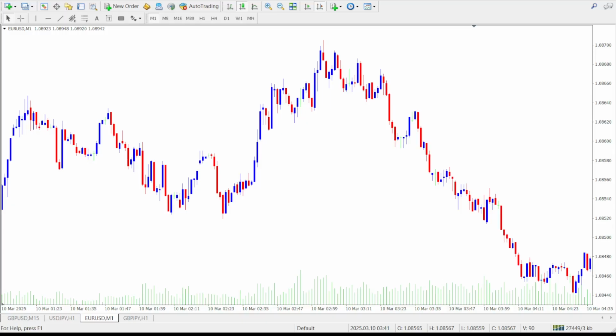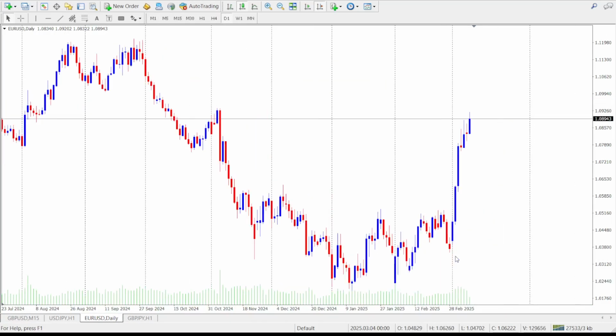This allows you to see both the long-term and short-term trends, and importantly, it helps you to spot high probability entry points. So here's how it works. You start by analyzing a longer time frame to identify the overall trend of the market. Then you zoom in on medium and shorter time frames to refine your entry and exit points.